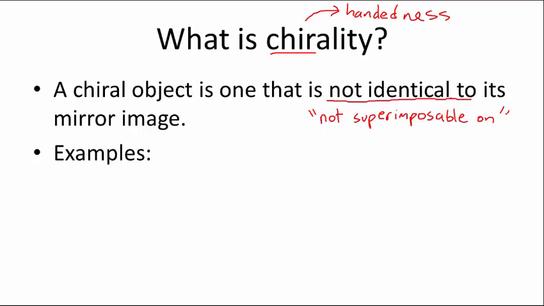Can anyone think of objects that you might be familiar with that might exhibit that property? Oh, hands. Yeah. Hands, feet. Your left hand and your right hand, while they are mirror images of each other, they are not identical to each other.